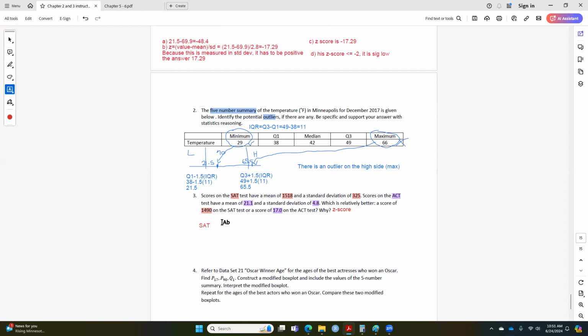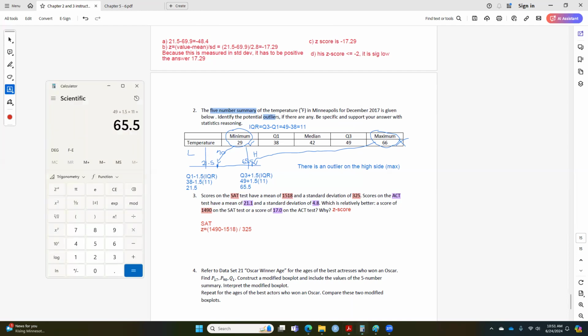So again, how do we find the z-score? If you look at the SAT one, the z-score is calculated by taking the value, which is 1490, subtracted by the mean, 1518, and divided by the standard deviation of 325. So this is how we figure it out.